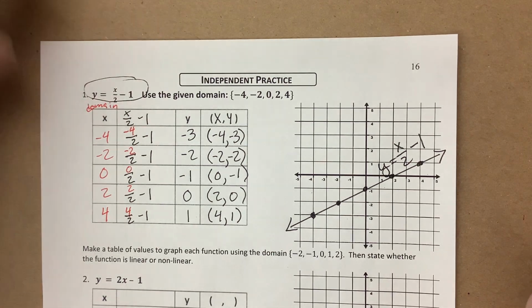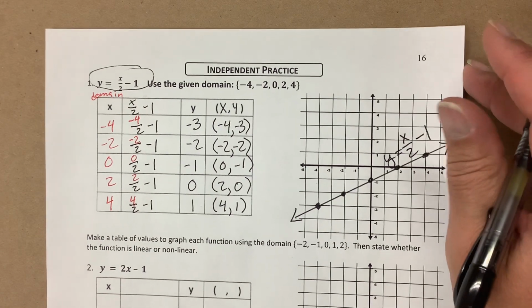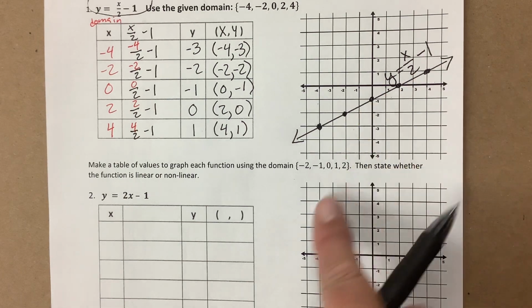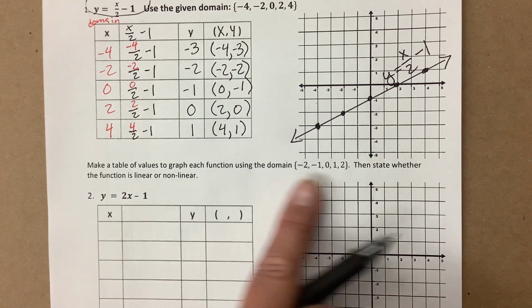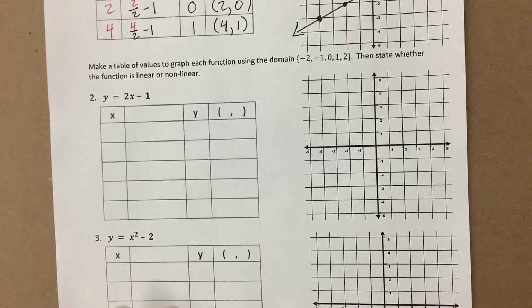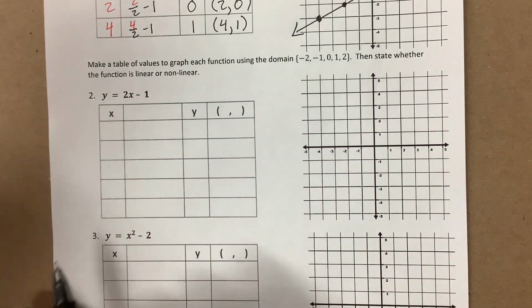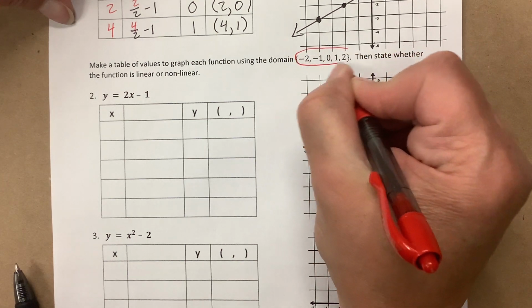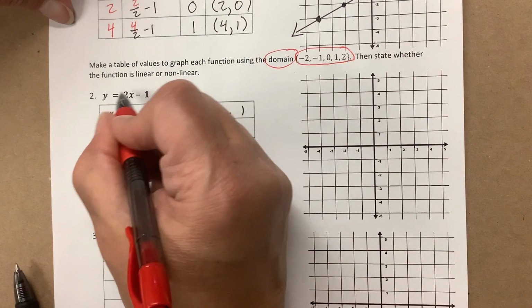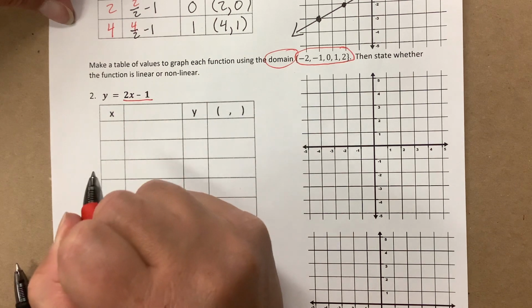All right. Now make a table of values to graph each function using the same domain. Then state whether it's linear or nonlinear. That's kind of an important part of this question. So I'm going to take these numbers as the domain, and then this is the function rule.